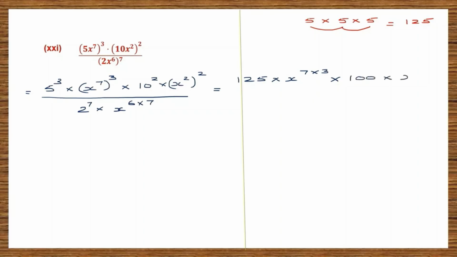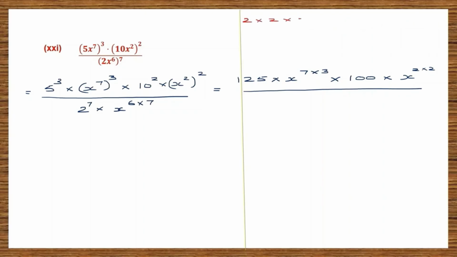Into x to the power of 2 into 2 divided by, now 2 to the power of 7, how much is that? Let's multiply and see what 2 to the power of 7 is. 2 to the power of 7 means we multiply 2 seven times: 2, 3, 4, 5, 6 and 7. 2 2s are 4, 4 2s are 8, 8 2s are 16, 16 2s are 32, 32 2s are 64, 64 into 2 is 128.